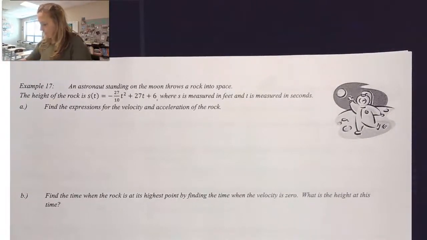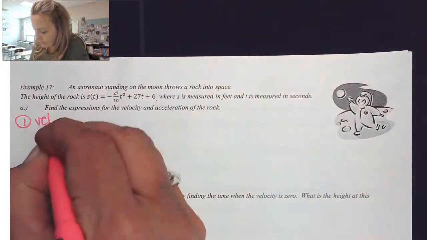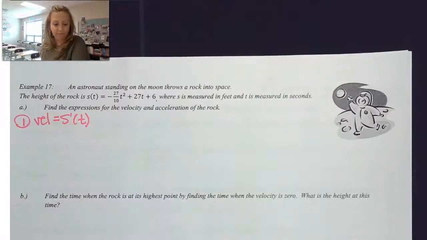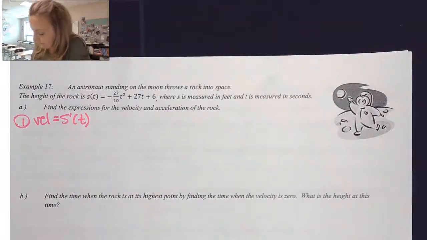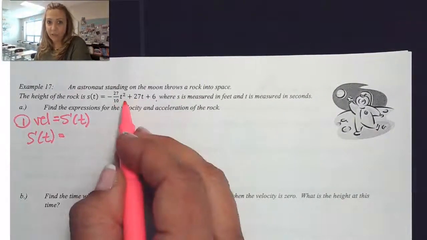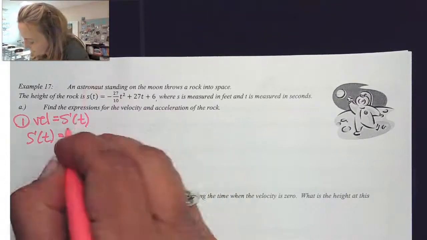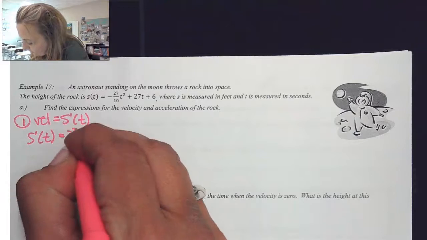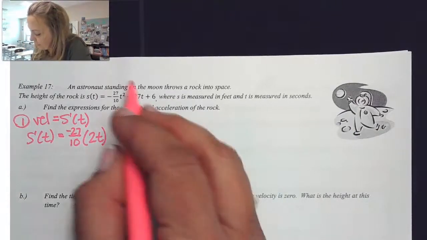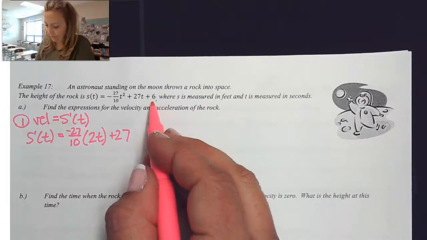So the first thing is that we know that our velocity is going to be s prime of t, right? So let's find s prime of t. So negative 27 over 10 times 2t, and then plus 27, and then we have plus 0.